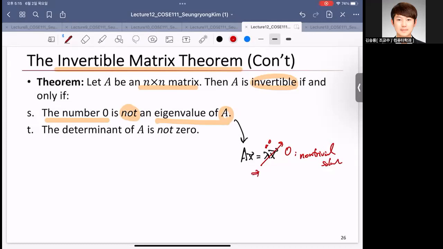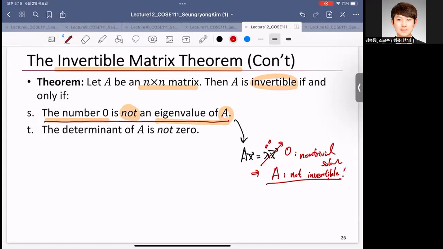Then A is not invertible. In other words, if lambda is not equal to 0, A is invertible. So this is the new statement for the invertible matrix theorem.